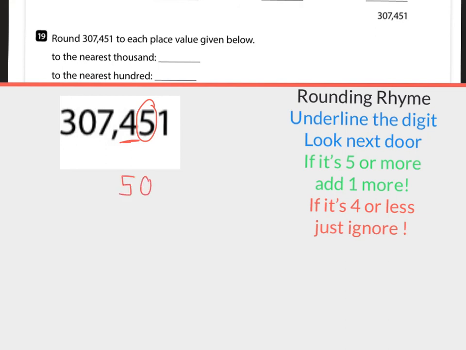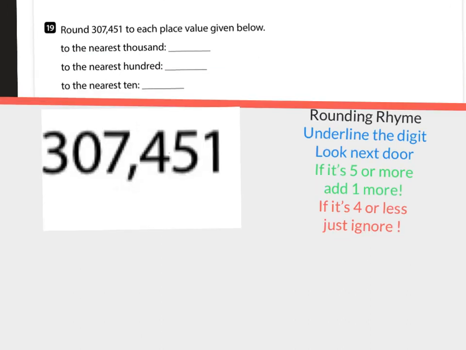The digits that are circled and to the right turn to a 0. All the digits to the left remain the same. 307,451 rounded to the nearest hundreds place is 307,500.